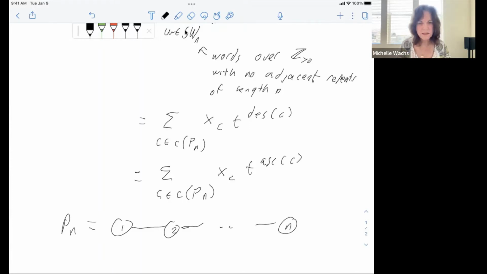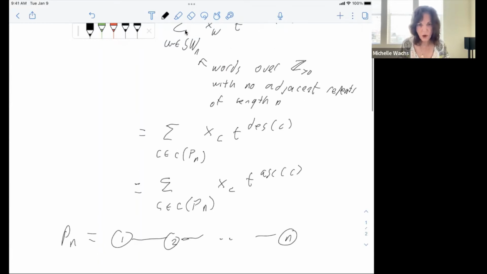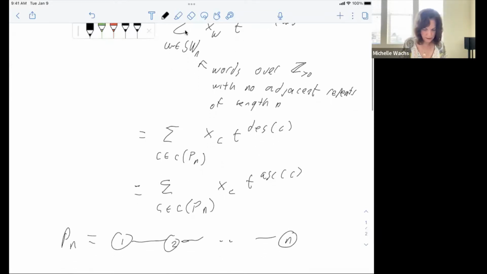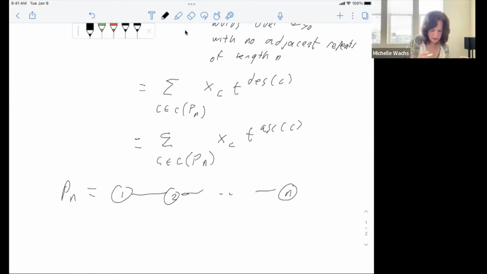And then this led to generalizing this to all graphs. Why stick with just the path graph? So that led to the chromatic quasi-symmetric function.